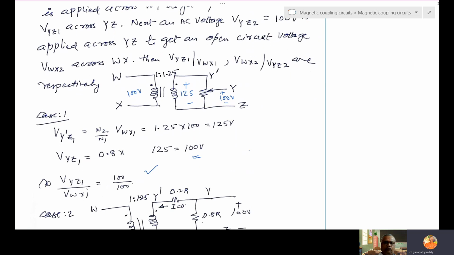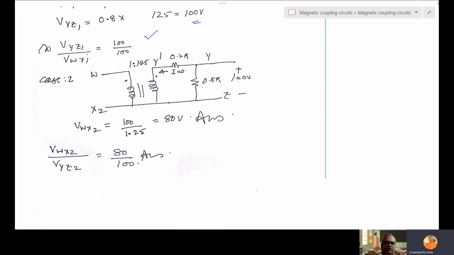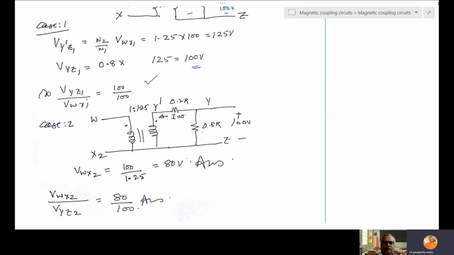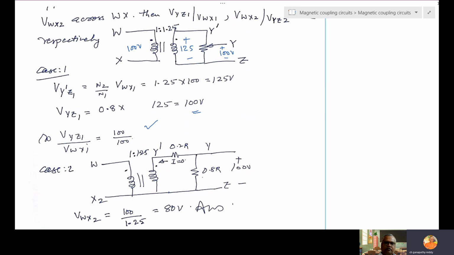Now, here voltage is applied. Case 2, 100 volts applied here. This resistance is 0.8 R, 0.2 R. This total resistance is divided into 0.2 R, 0.8 R. What is applied here? 100.